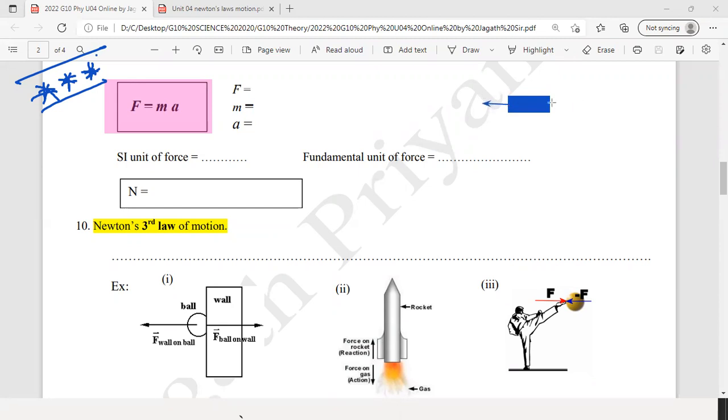Imagine there's an object of 1 kilogram. On this side you apply 20 Newton force. On this side you apply 15 Newton.